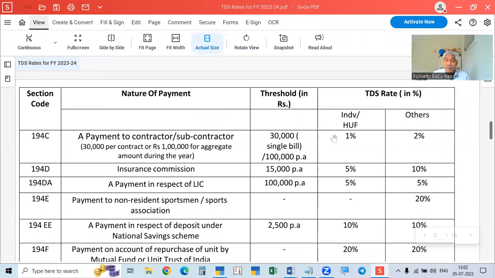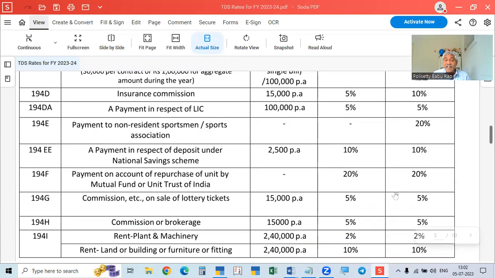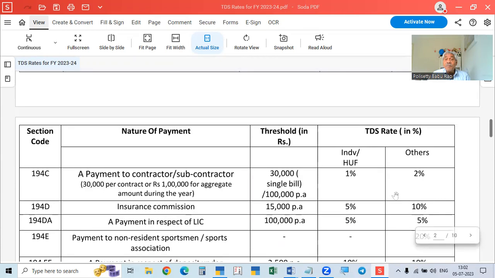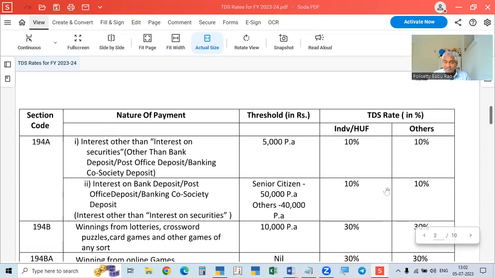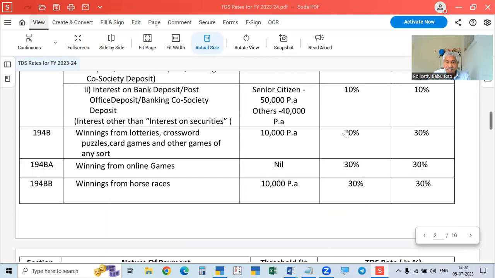If you give the PAN card number, these rates are applicable as per the list. If you don't give the PAN card number, we have to deduct 20%. Irrespective of the rate, we have to deduct at the rate of 20%. But there are 3 cases where the rate is 30%. For all others, it is 20% if there is no PAN card.